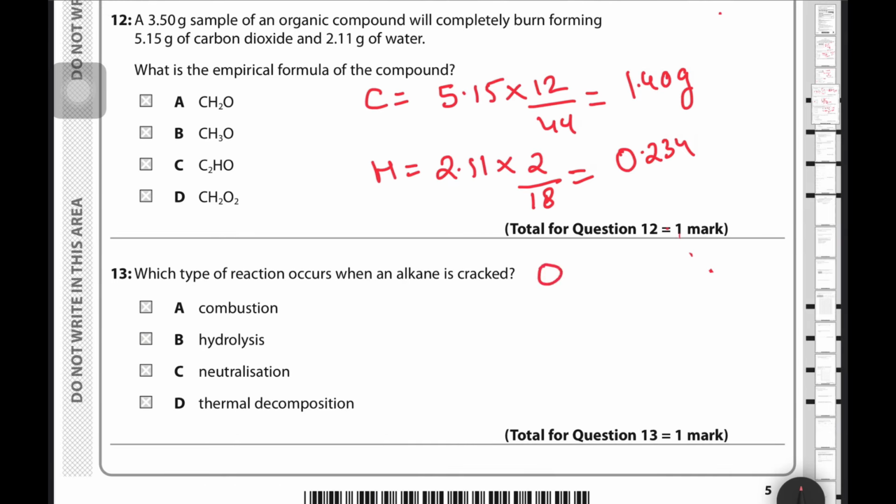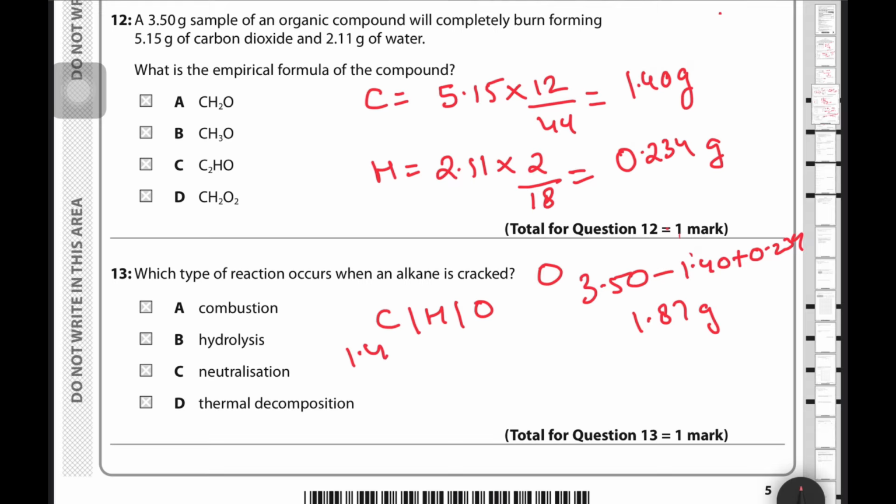Now oxygen is 3.50 minus 1.40 plus 0.234. You will be having oxygen 1.87 grams, right? Now what you need to do is you need to find the moles for C, H and O. So carbon is 1.40, hydrogen 0.234 and oxygen 1.87.